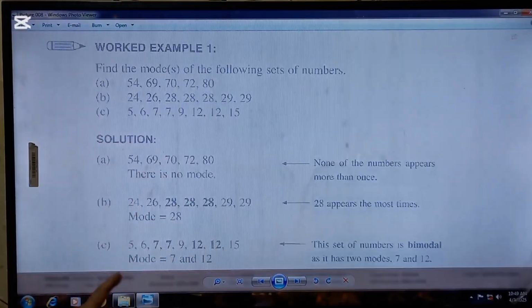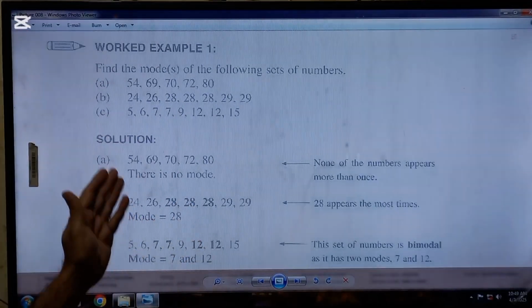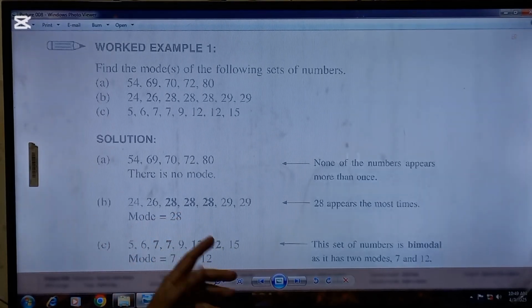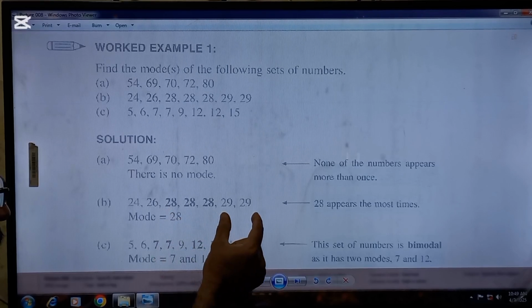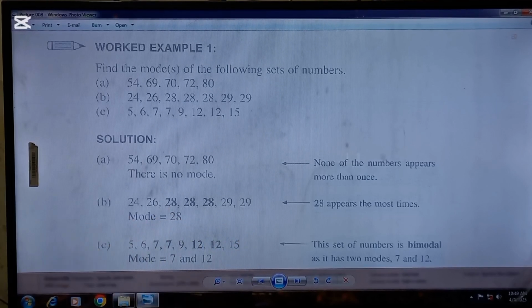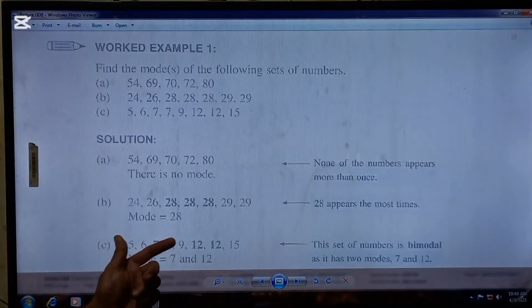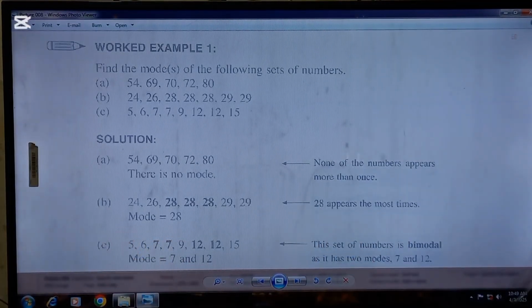In B part, if you look at the data, 28 is coming most of the time. That is coming 3 times, 29 is coming 2 times, 26 and 24 are coming 1 time. So 28 appears the most. So mode is 28.